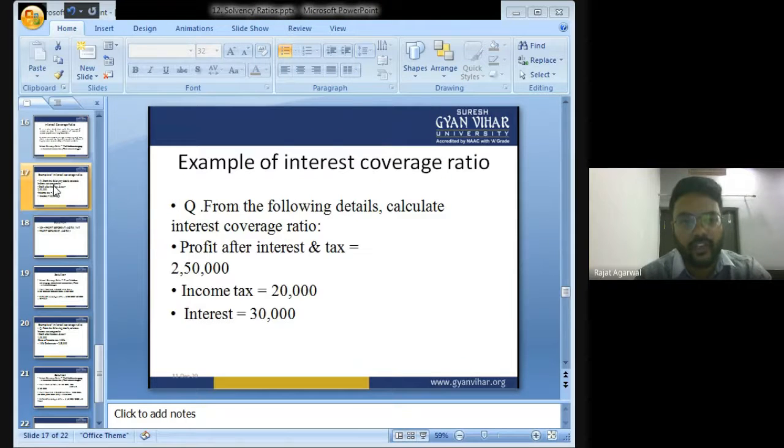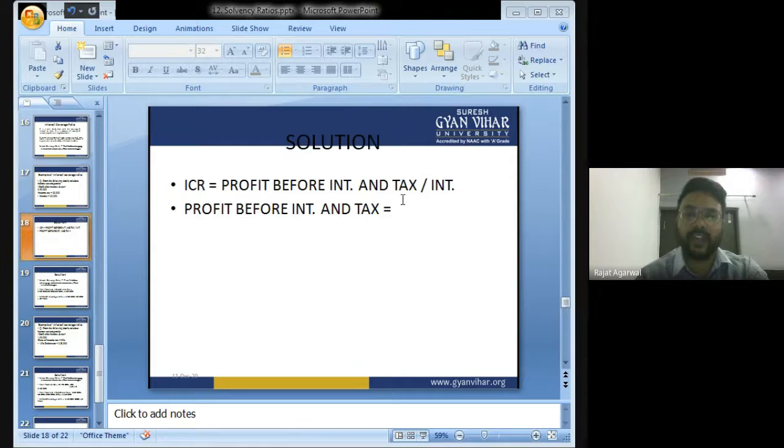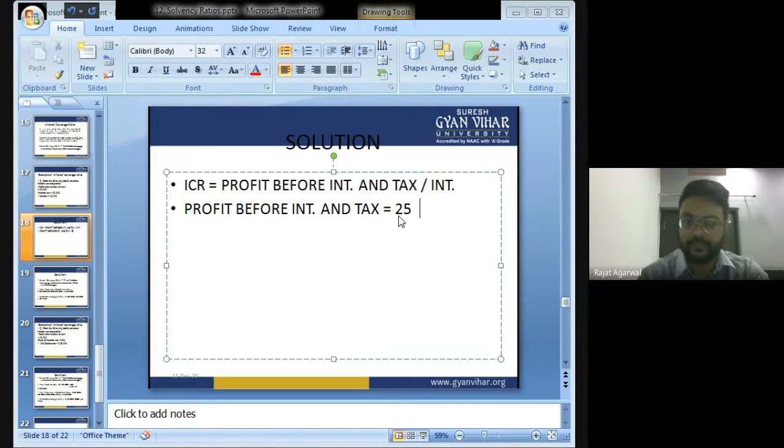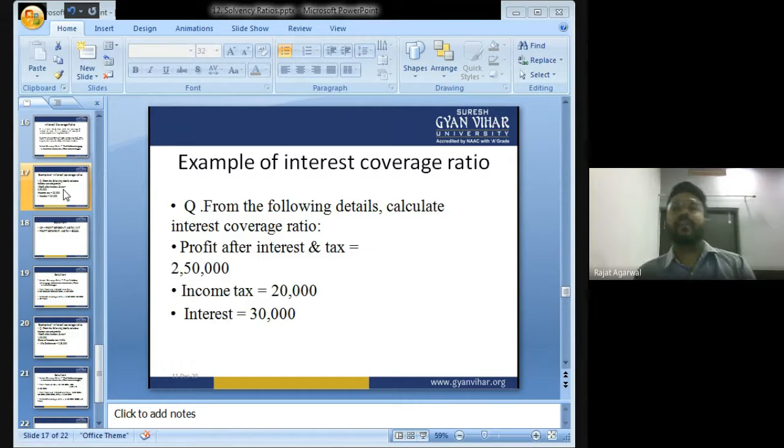But in the question it is given profit after interest and tax 250. It means from this 250 we have already deducted interest and tax, because the profit is after deducting interest and tax. And what we have to take? We have to take profit before deducting interest and tax.